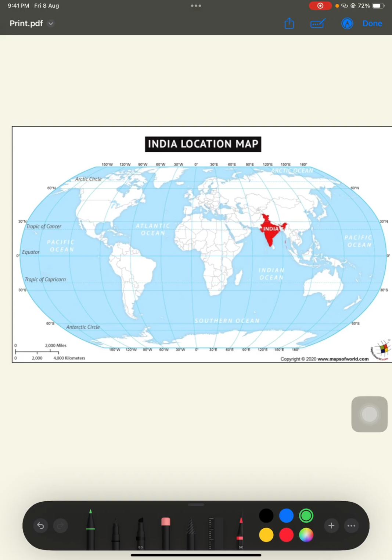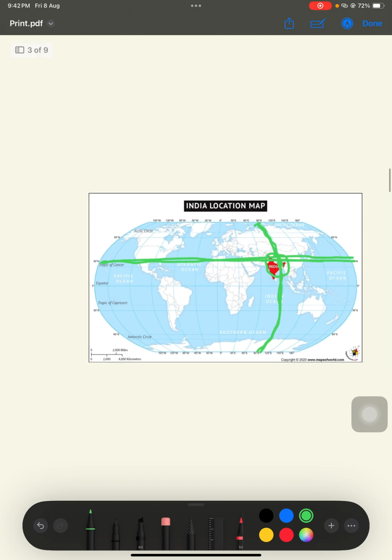For example, 30 degree north and 90 degree east. India is located at 30 degree north latitude and 90 degree east longitude. This is why we want latitudinal and longitudinal lines.